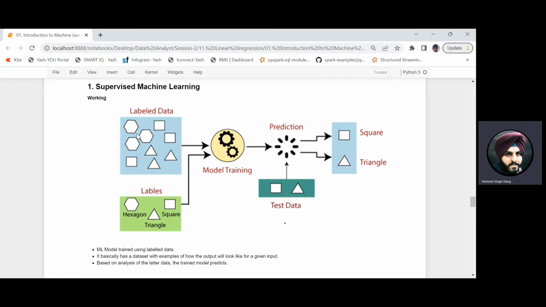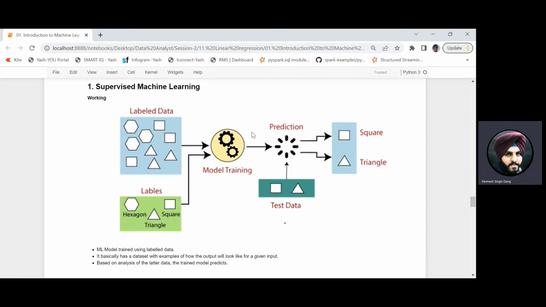But at this point in time, the machine learning model does not recognize that this is a hexagon, or a square, or a triangle. So you are explicitly feeding the labels and telling the machine learning model that if you find this type of shape, you can name it hexagon. If you find a shape with 4 sides, you can name it square. If you find a shape with 3 sides, you can name it triangle.